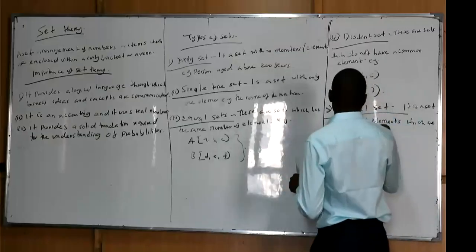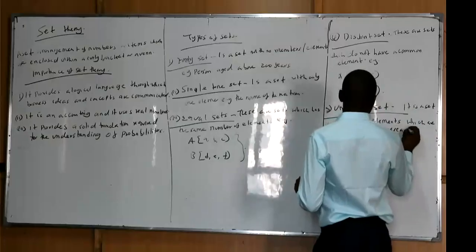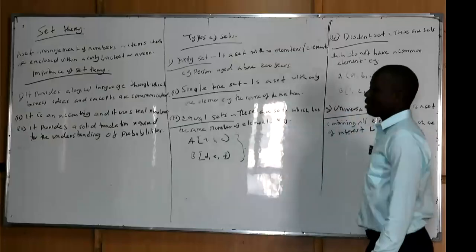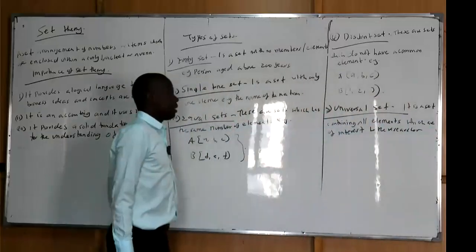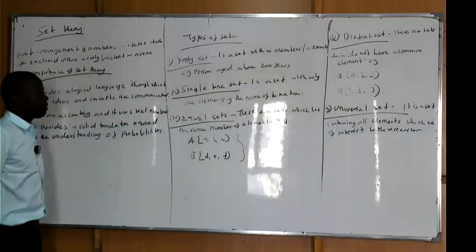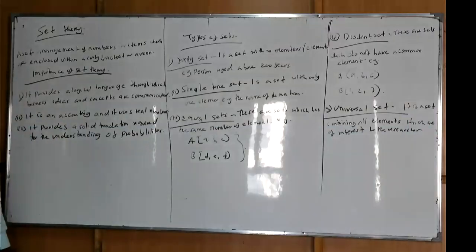A universal set is a set containing all elements which are of interest to the researcher.